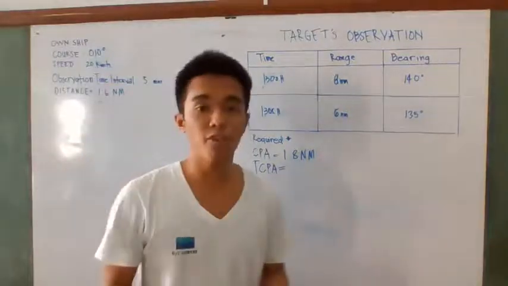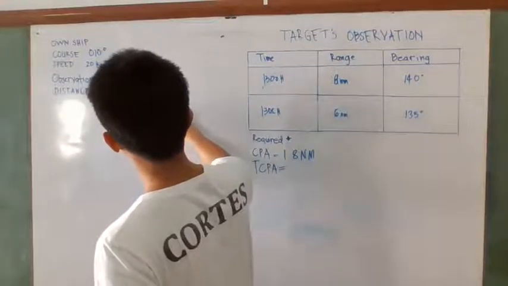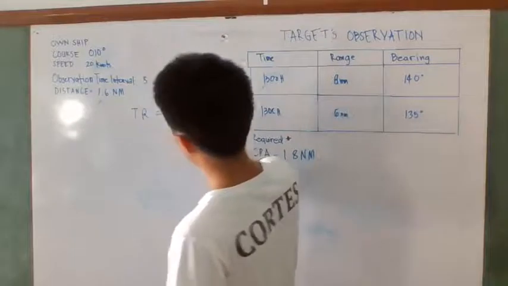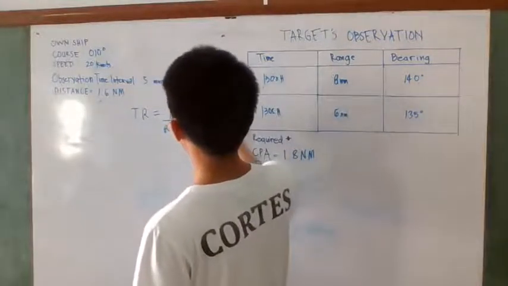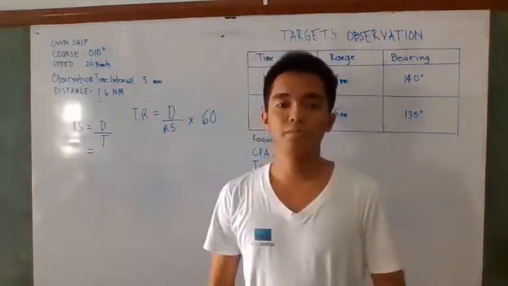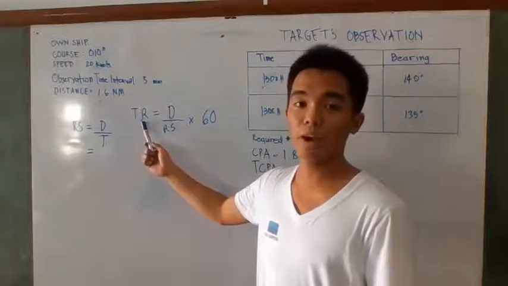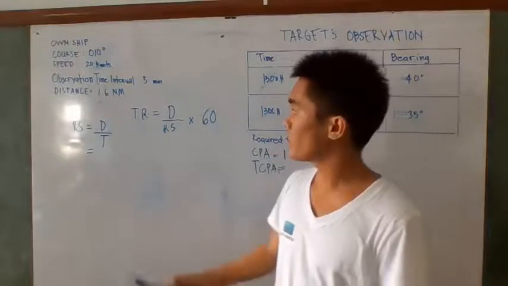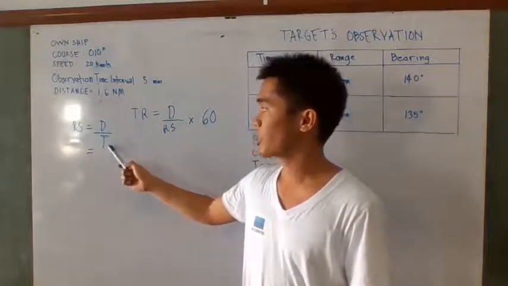The formula for time required is equal to distance over relative speed multiplied by 60. But before you'll be able to solve for the time required, we must first solve the relative speed. The formula for relative speed is equal to distance over time.